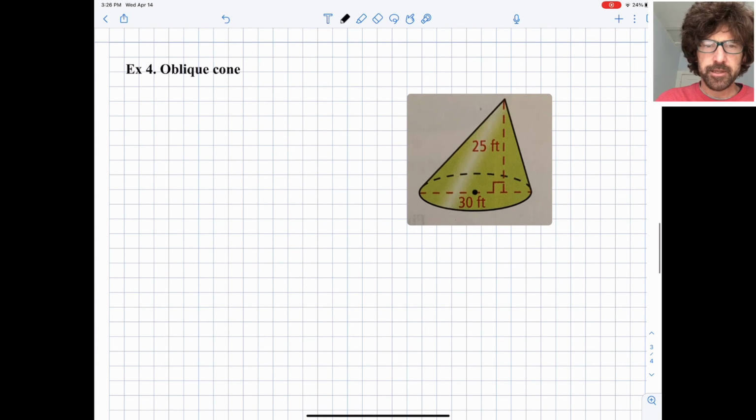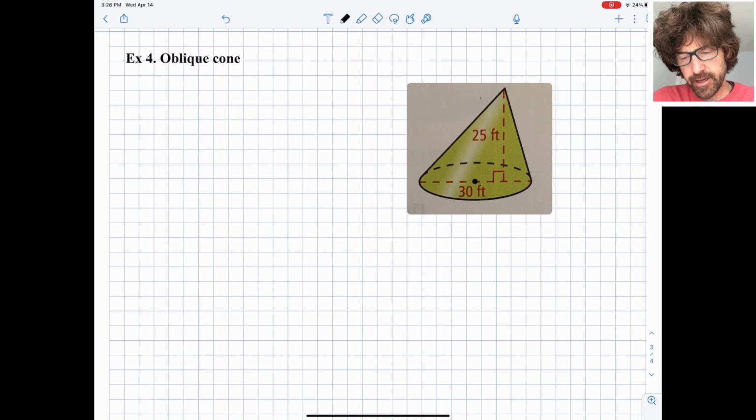For an oblique cone, it doesn't matter that the vertex is not centered directly over the center of the base. We're still going to use the exact same formula. So the volume here is going to be 1/3 times the area of the base, which is pi times 15 squared.